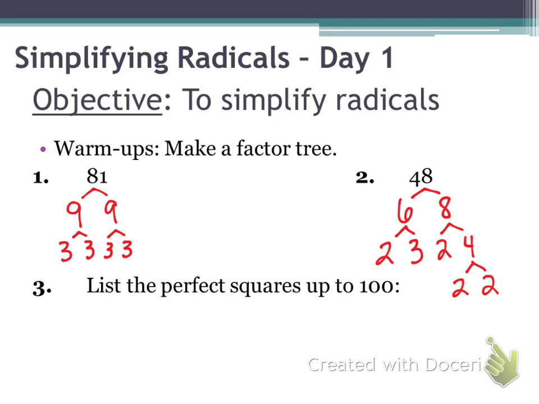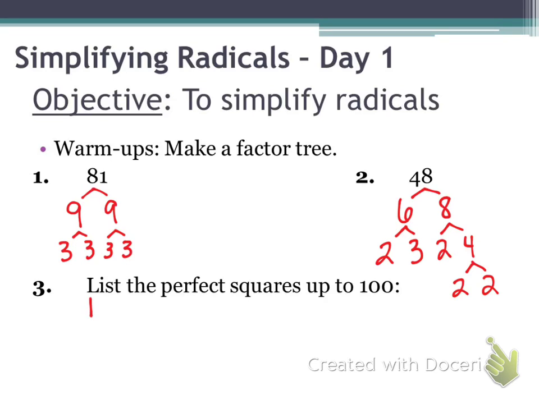Kian? 2 is not a perfect square number because you cannot take a number times itself and get a 2. Any other ideas? 4 is a pretty small one, but it's not the smallest one. So 4 would be 2 times 2, so we're getting smaller. 1. 1 is our first perfect square number.